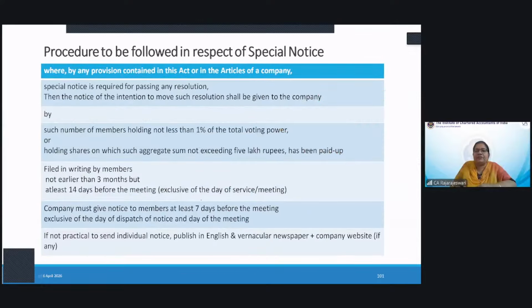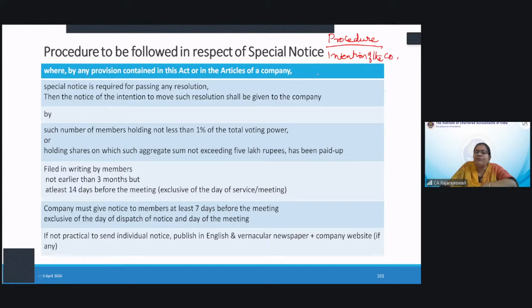Then, what is the procedure that you have to follow in case of special notice? You have to give the intention of the company that a special notice is moved.